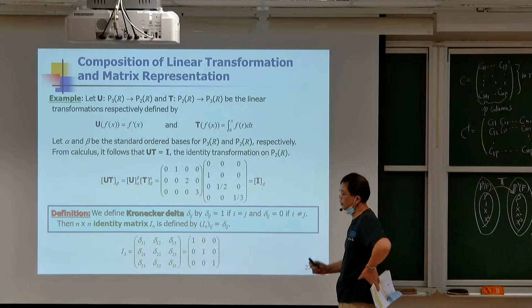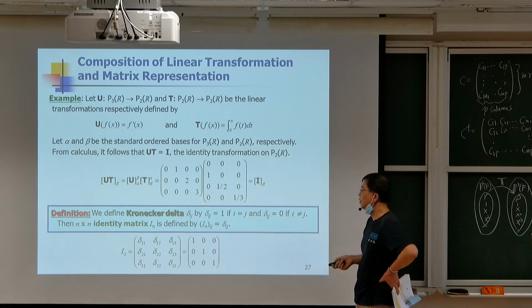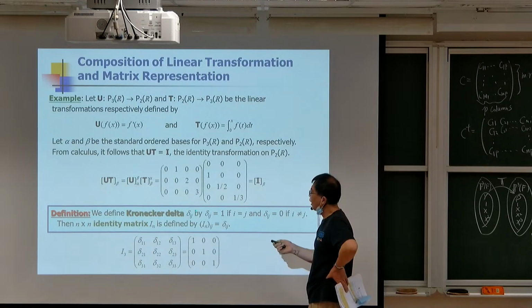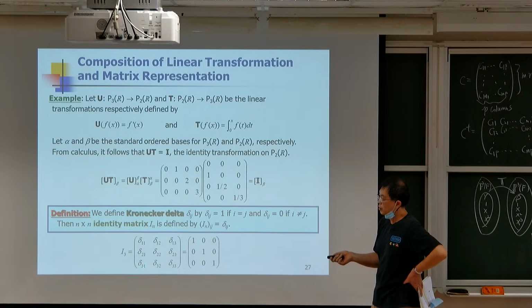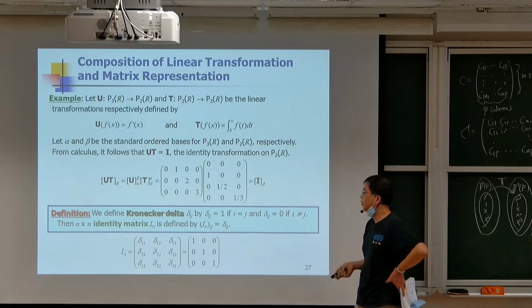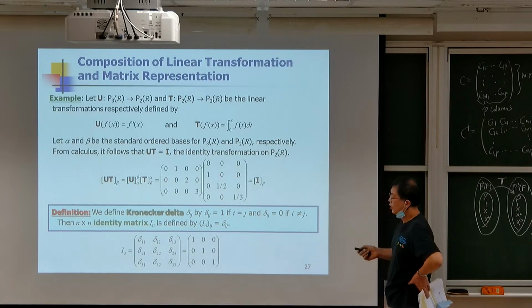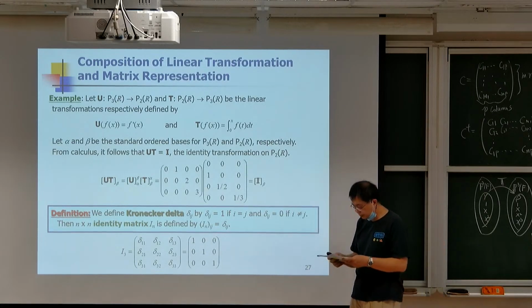It's defined by delta ij equals 1 if i equals j, and delta ij equals 0 if i is not equal to j. So the identity matrix consists of the n by n Kronecker delta.